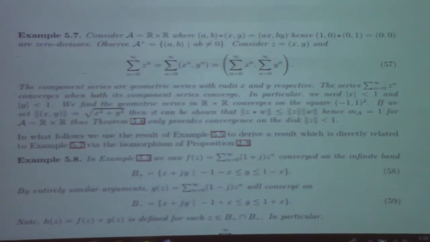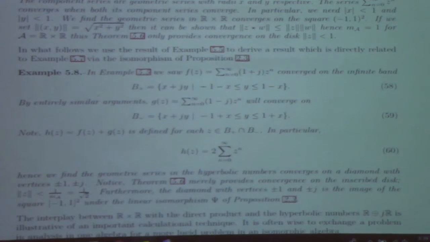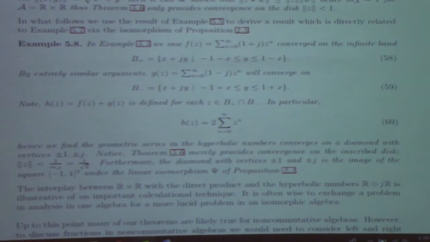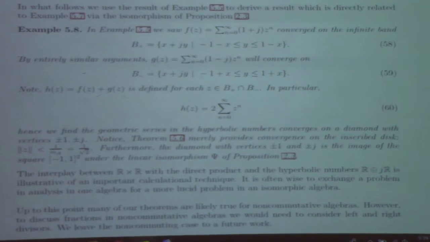So straight calculation shows you that it's converging on the square of side length 2, but the geometric series theorem only gives us that it converges on the disk of diameter 2 that's inscribed within that square. It's kind of neat. Now maybe I'm just using the wrong norm, right? Maybe that's what that's about, is just using the wrong norm, right?